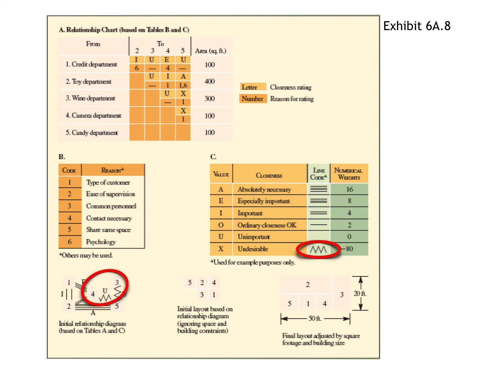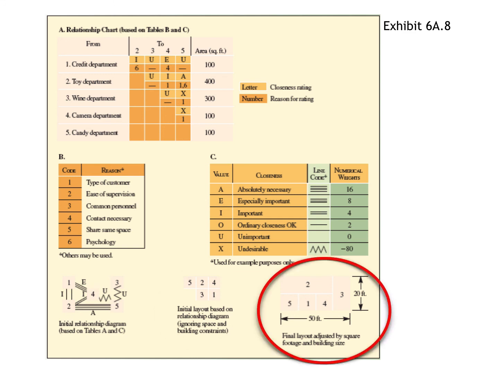On the other hand, the relationship between Department 4 and Department 3 is unimportant. Based on these relationships, a first layout is attempted, without taking floor space into account. From all of this, the final layout is derived.